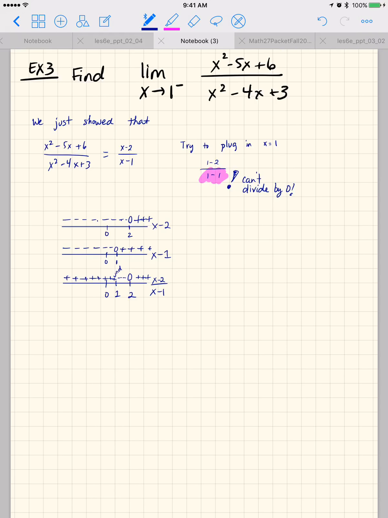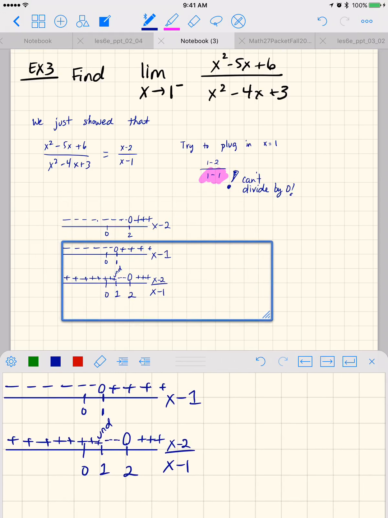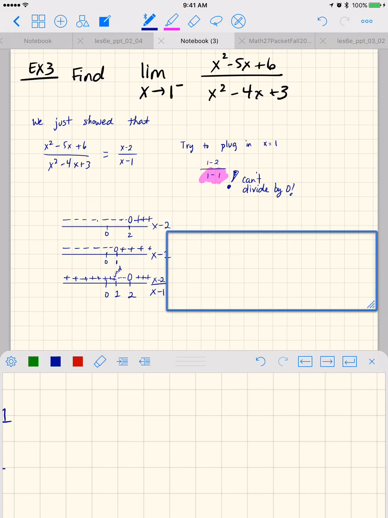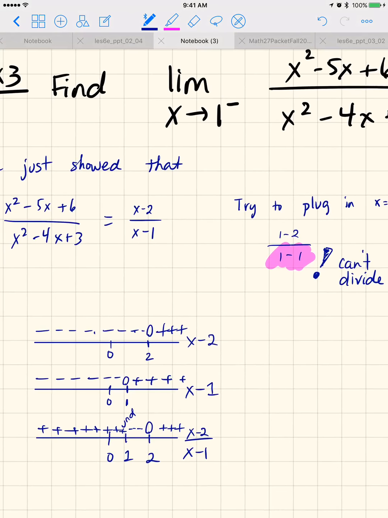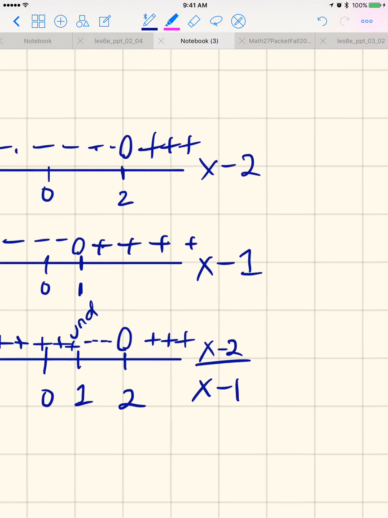Okay, so if I zoom in here, my issue is I want the limit as x approaches 1 from the left. So here, as x approaches 1 from the left, we'll have plus, plus, plus, plus, plus.